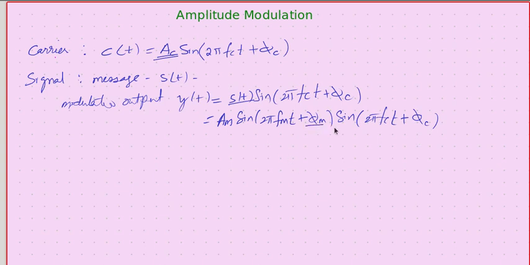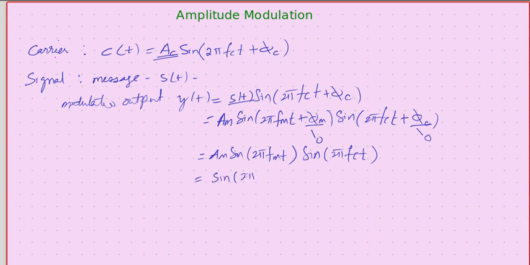To simplify our work, let's assume that these two phases are zero because they are not going to contribute much. So this can be written in simple terms as sine 2 pi fm t times sine 2 pi fc t.